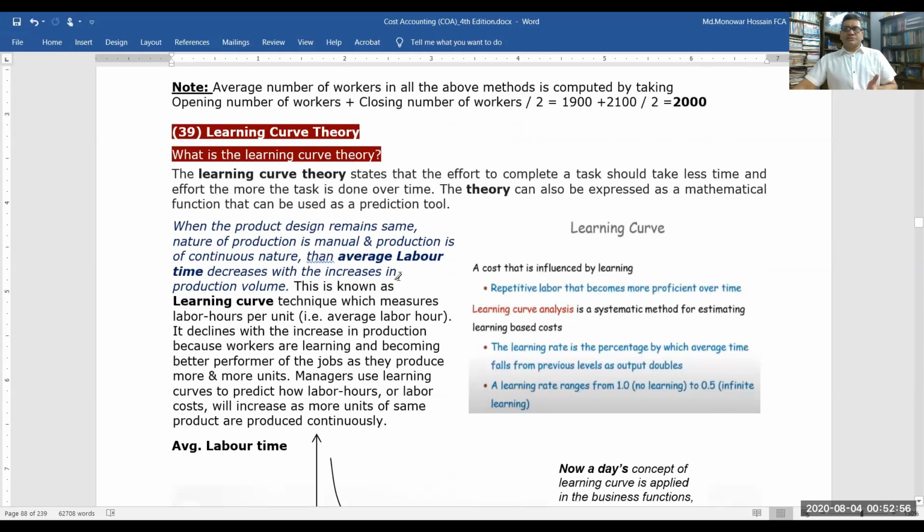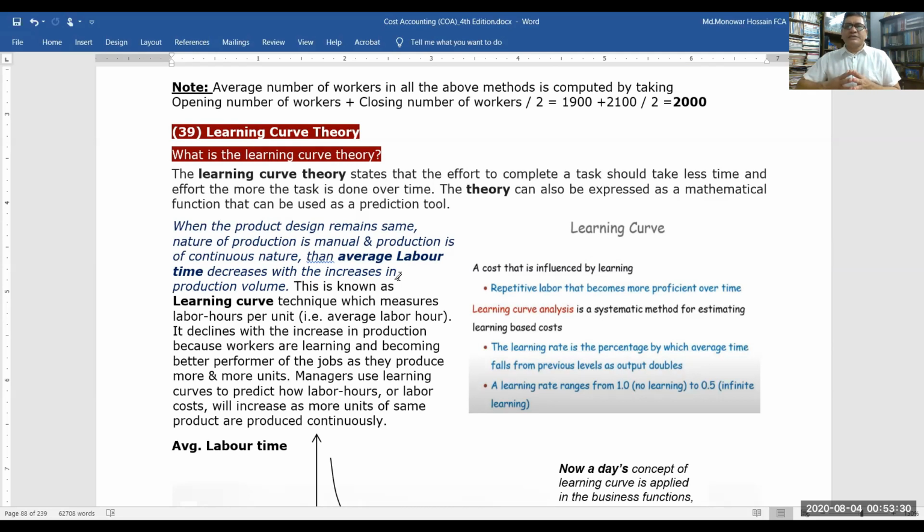Now, learning curve theory. So what is learning curve theory? The learning curve theory states that the more a task is done over time, the less time and effort it takes to complete it. The theory can also be expressed as a mathematical function that can be used as a prediction tool.